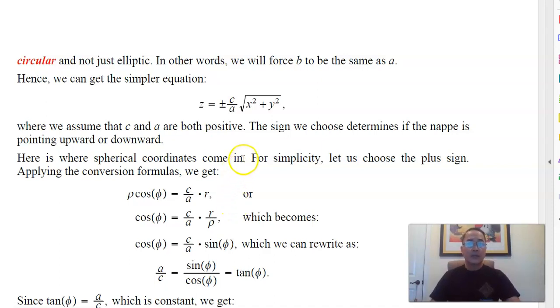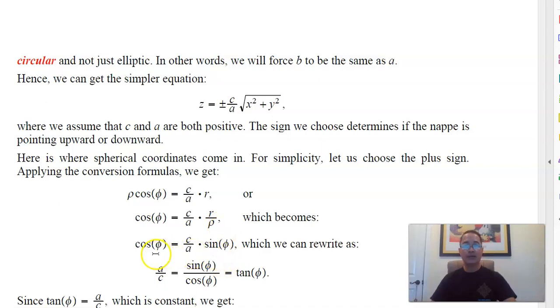Okay. So z is rho cosine phi. Let's assume we have plus c over a times r. So we can isolate cosine phi, bring the rho over. But wait a minute, we saw this also earlier, and we said that this is our sine of phi.